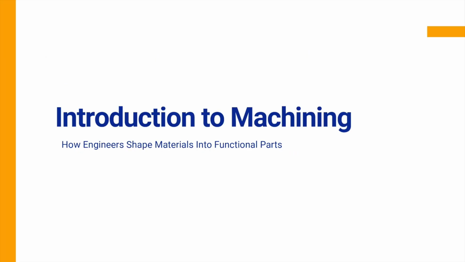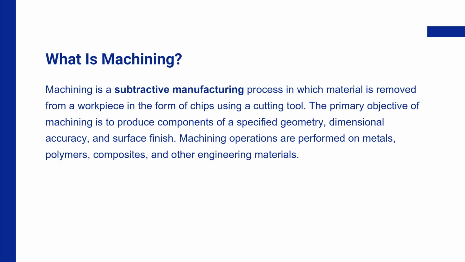We will now move on to the next major part of this lecture, which is an introduction to machining. What is machining? It is a process used by engineers to shape material into functional parts with high accuracy.